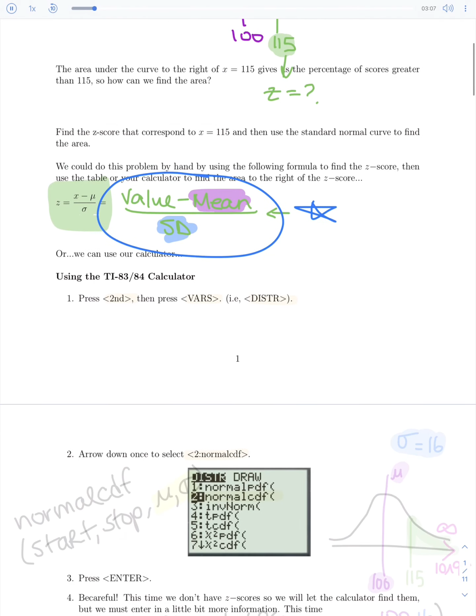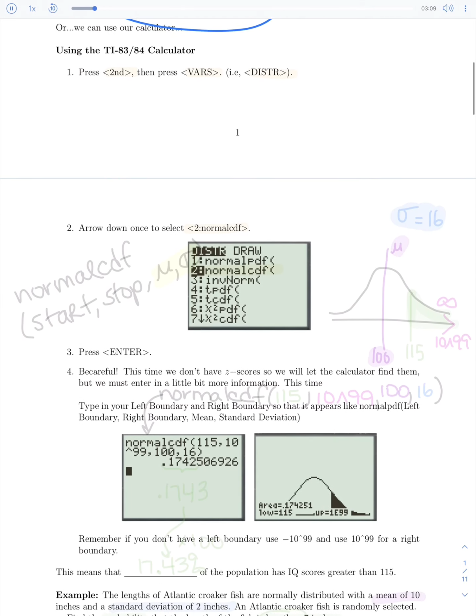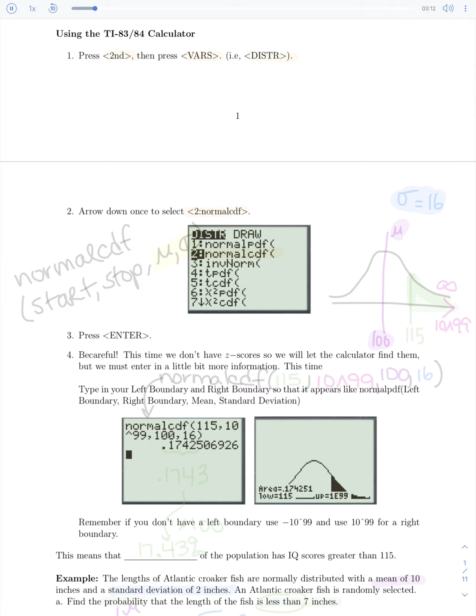So it's going to be very similar to what we were doing before back in 6.1. We'll still do exactly what we did, which was we press the second key, then press the vars or distribution key. We're still going to arrow down and do the normal CDF, just like before. The only difference is that we're going to give it a tiny bit more information, not less.